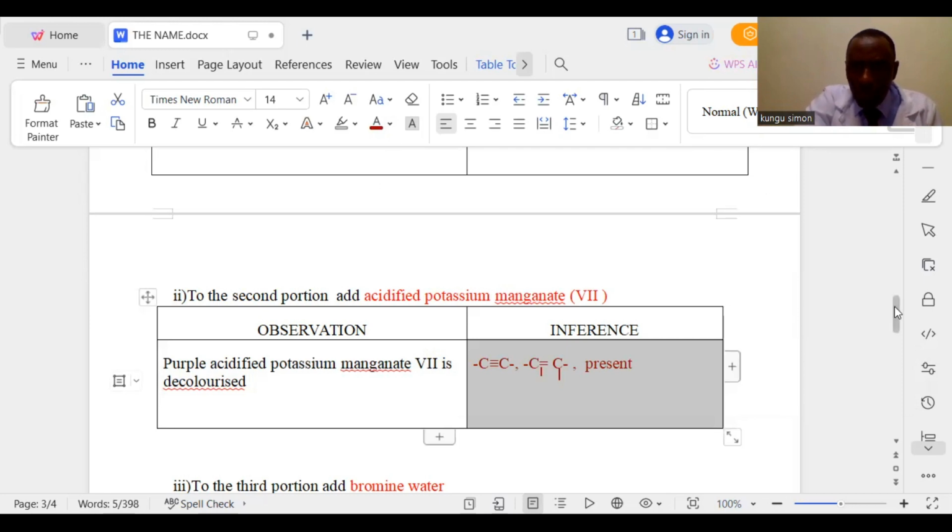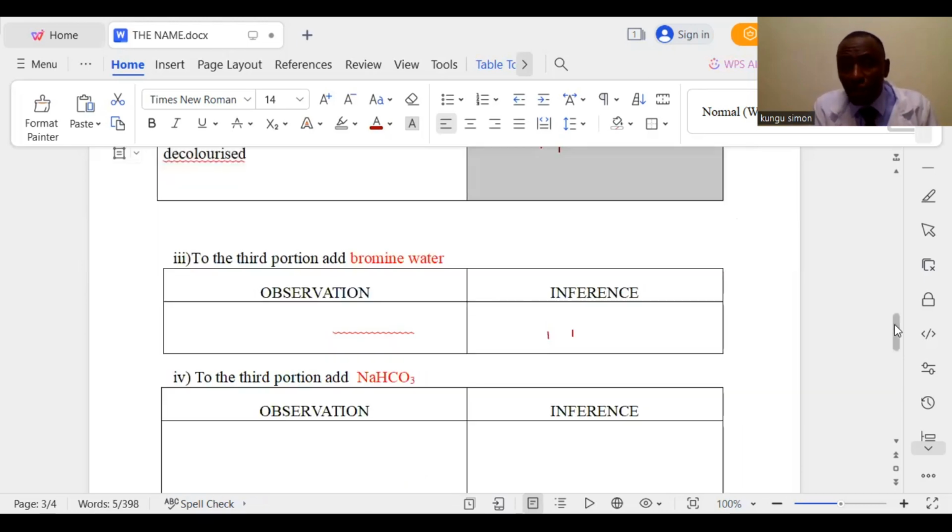And maybe in the other procedure here, I'm going to use bromine water. This bromine water, as I said, is a substance we can use to confirm the unsaturated organic compound, the double and the triple.